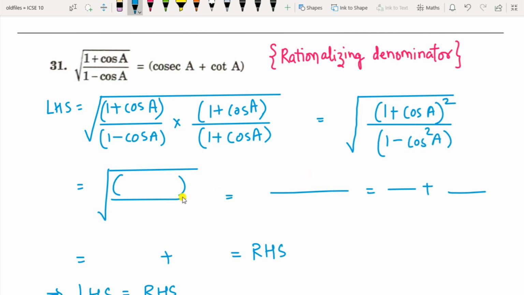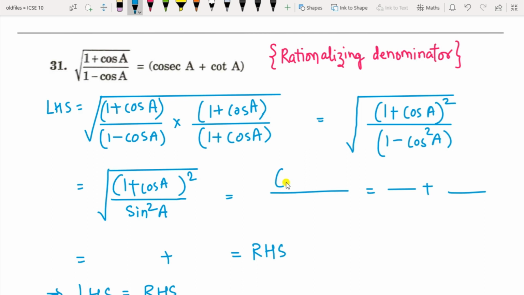Okay, so this is 1 plus cos A the whole square, and 1 minus cos square A is sin square A. That is the formula, Pythagorean identity. Okay, now if you remove this square root and this bracket, so this is square, that will be cancelled.